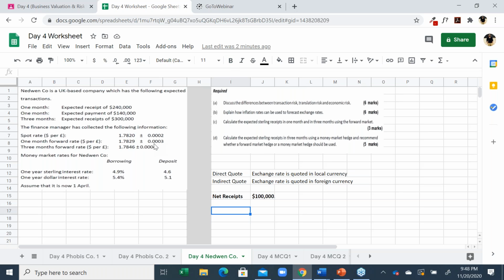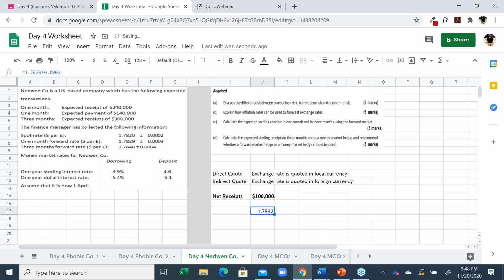What does this mean? This means that we have to add 0.0003 into this figure, 1.7829, once. And we have to subtract the same figure once.